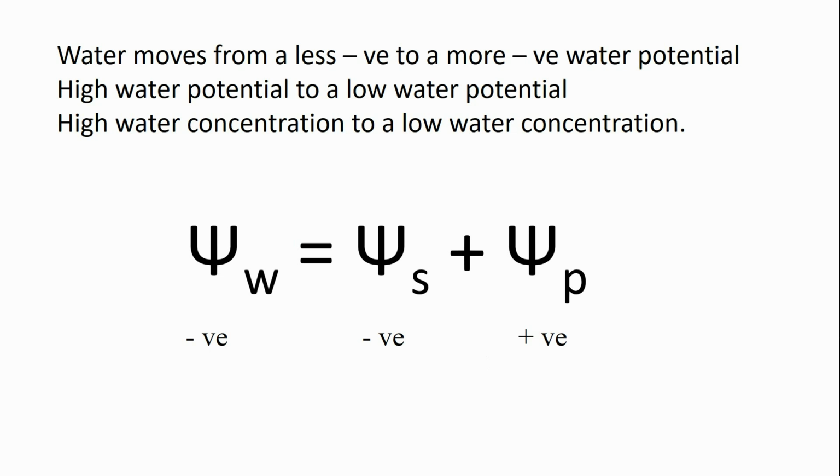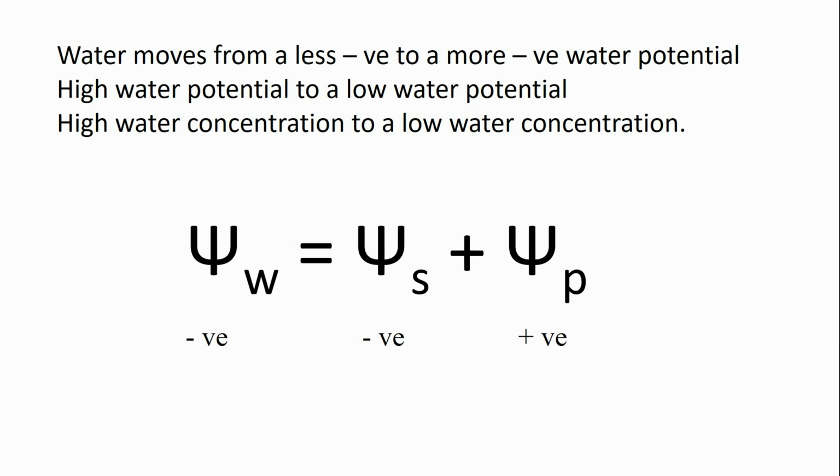Pressure potential is always positive when you're looking at the cellular level when it comes to water potential. So if you're adding pressure, it becomes positive. If you're taking pressure away, where it becomes flaccid, you may go into negative zones. But ultimately, when you're adding pressure, it is positive. When you're adding solutes, it's negative.